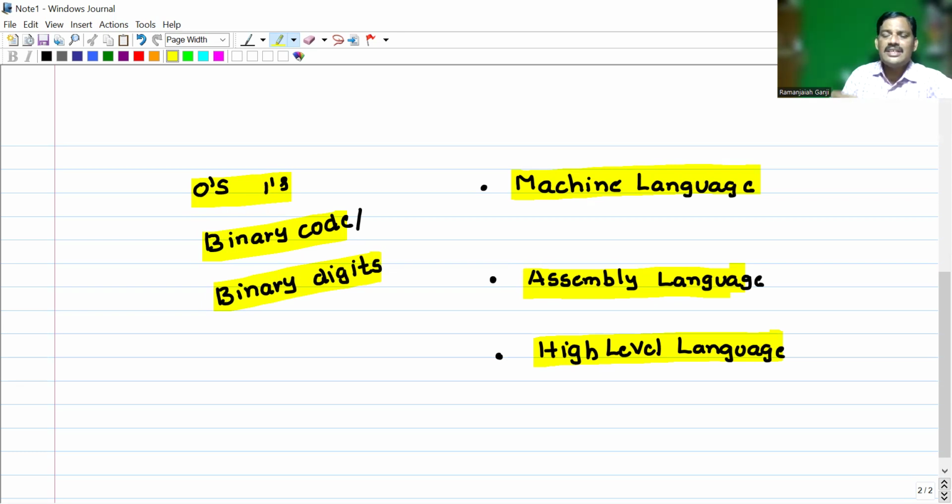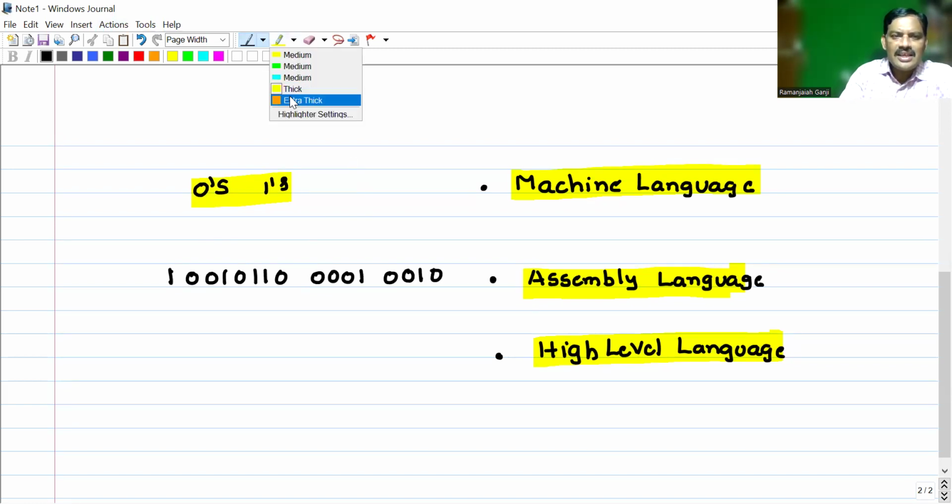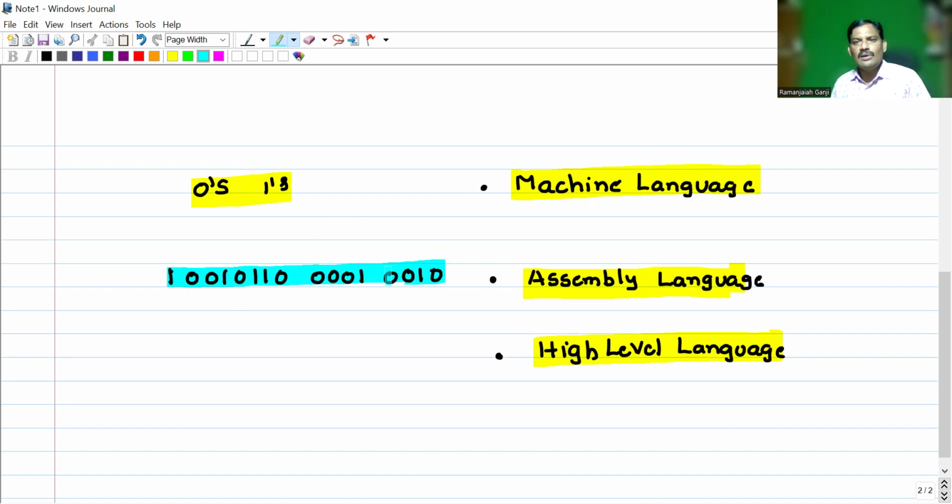For example, I'm writing some program. What it contains is everything in the terms of zeros and ones. See, I'm writing some instruction: 1 0 0 1 0 1 1 0 0 0 0 1 0 0 1 0. This is an instruction which means perform addition of 1 and 2.